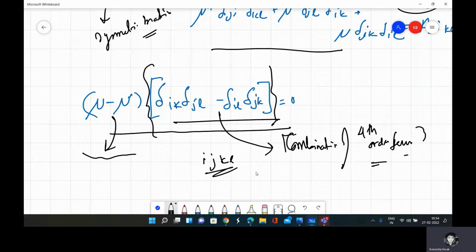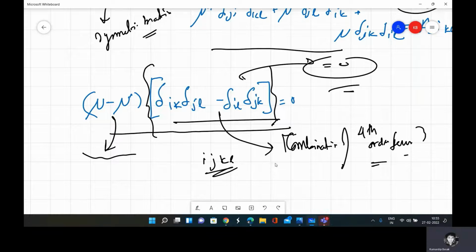It is very unlikely that i, j, k, l match in a perfect fashion so that the quantity in the bracket is 0 for all cases, because the choice of i, j, k, l is arbitrary.